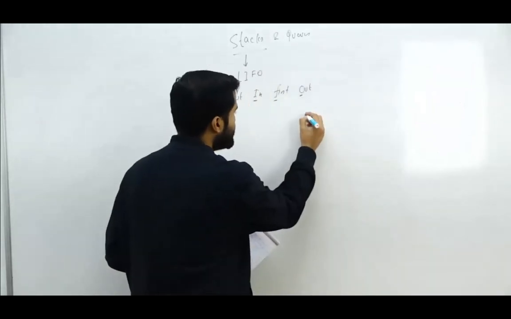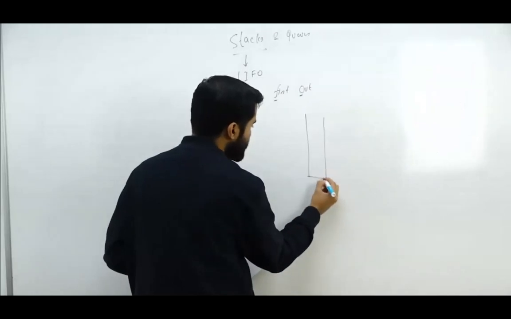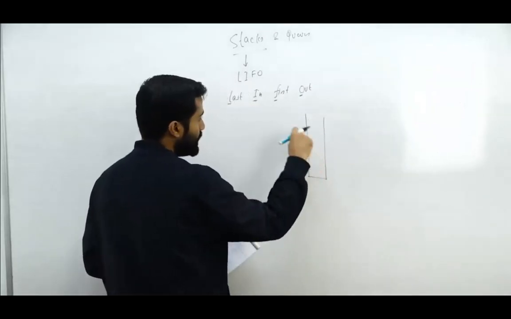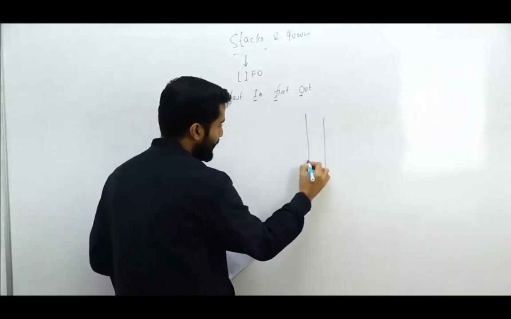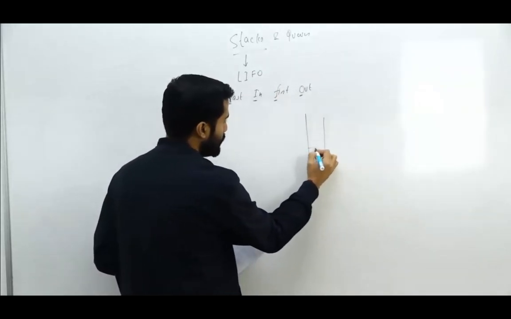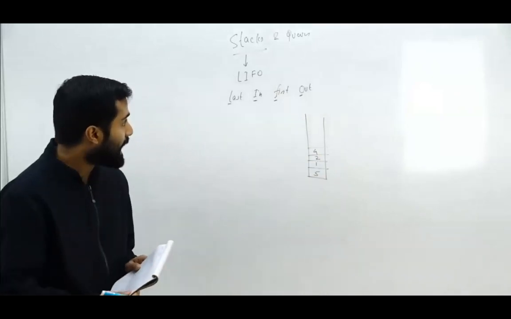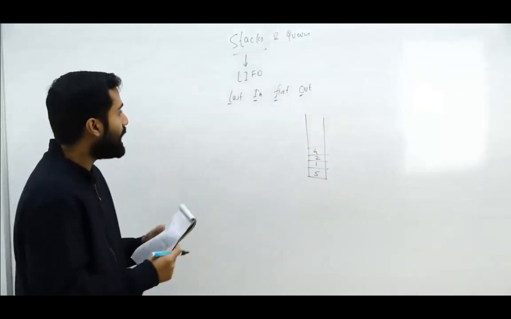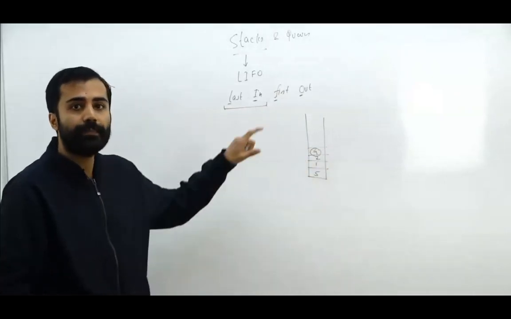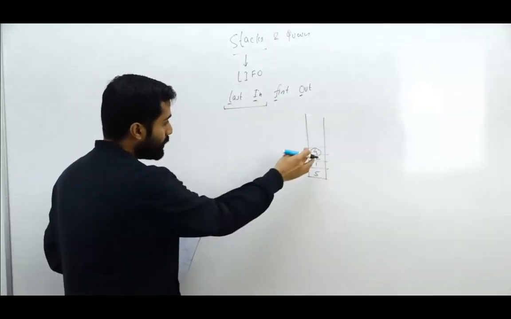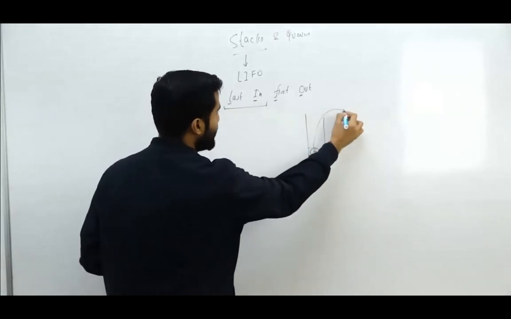So for instance, imagine this is a stack of numbers, and you are just inserting numbers inside it, like you insert 5, then 1, then 2, then 4. What is the last number that got in? The last number that got in is 4. So while you will be removing the elements, 4 will be the first element which will get out.